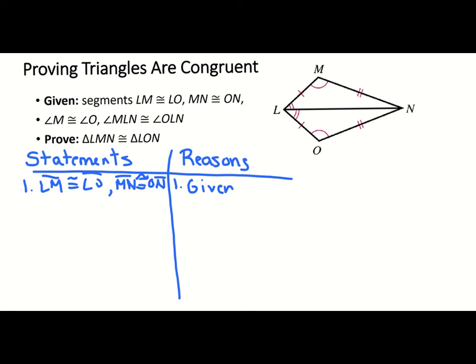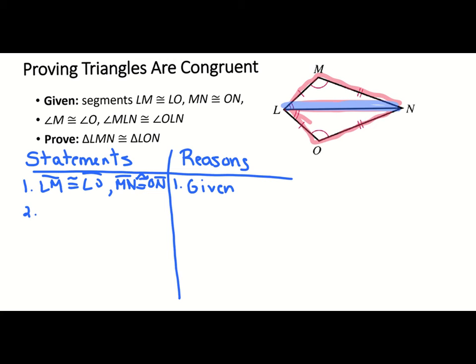Now, the third side of the triangle happens to be the shared side of the triangles, because the two triangles that we are proving congruent are this triangle right here, and then this triangle right here. But if you notice, they share this common segment. So this is where I talked about before using the reflexive property. It's hard, but it's super easy.